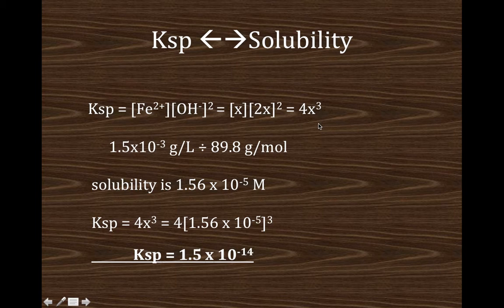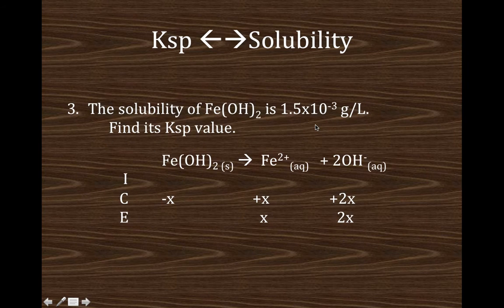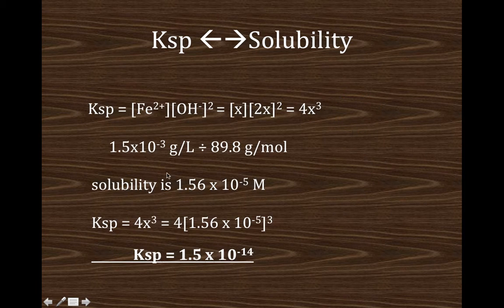Now, before we do that, I should backtrack. We were given this solubility in grams per liter. We have to go back to grade 11 and think, how do we go from grams to moles? Grams per liter, moles per liter? First thing is we've got to convert that to moles per liter. We divide by the molar mass of Fe(OH)2.